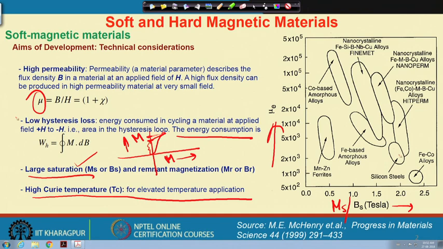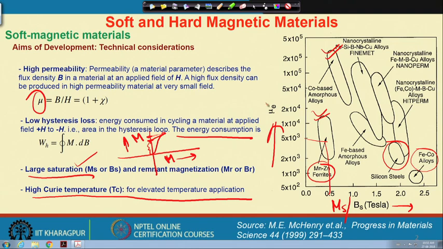If you have a look, the typical silicon steel used for transformer cores and the iron cobalt alloy have a very high saturation magnetization. Ferrites lie here, and they are not so interesting in both properties. Whereas the amorphous alloys are very interesting for the high permeability value, meaning we can generate more flux inside an amorphous magnet.